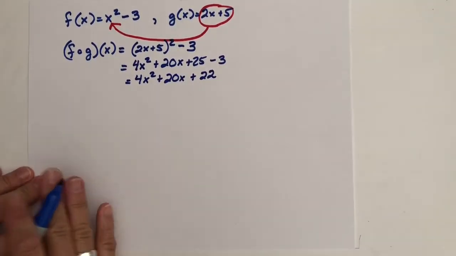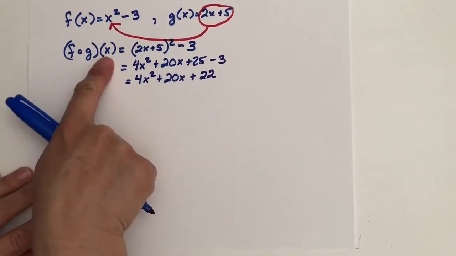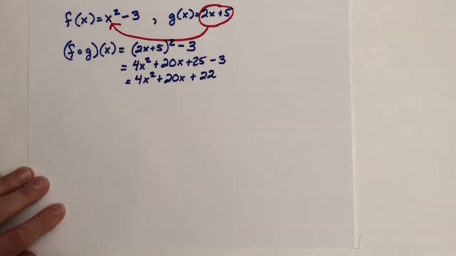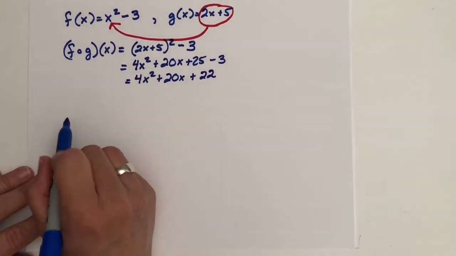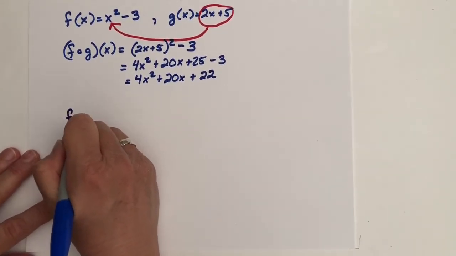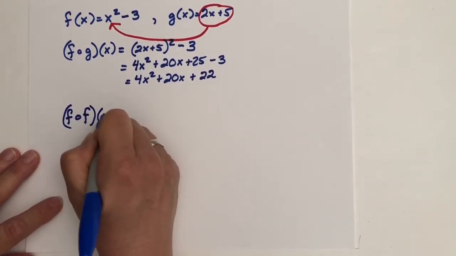And it's done. And again, we could substitute in a value, f composed with g of 7 or f composed with g of 11 if we needed to. Let's do something else. I'd like you to see this. How about if we had f composed with f of x?